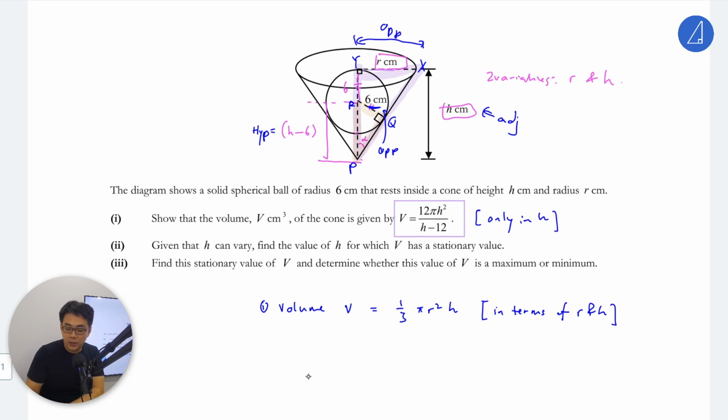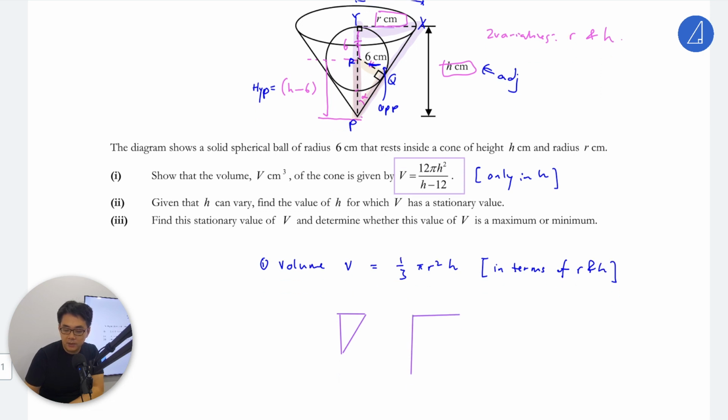So I'm going to draw two small triangles so that we can relate. You can see that one is being flipped. The big one I'll keep as it is. This is alpha. This is P, this is Q, and this is R. This is 6, and this is h. The h minus 6 is here.